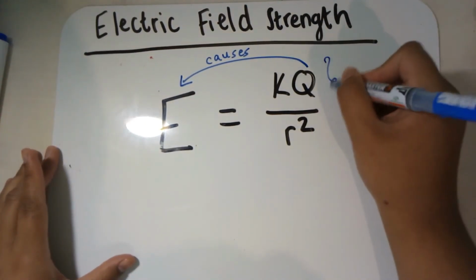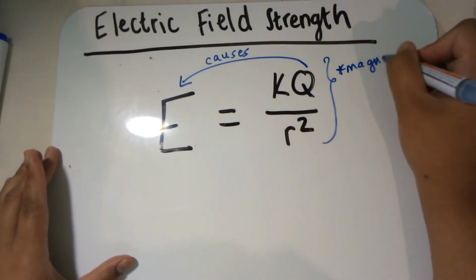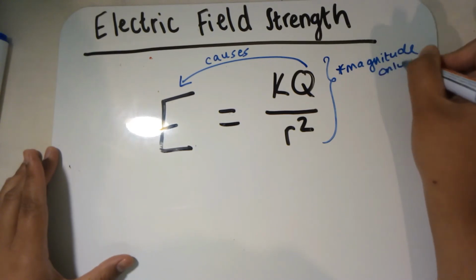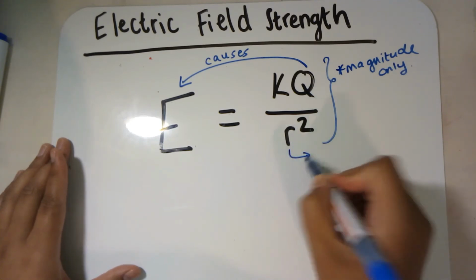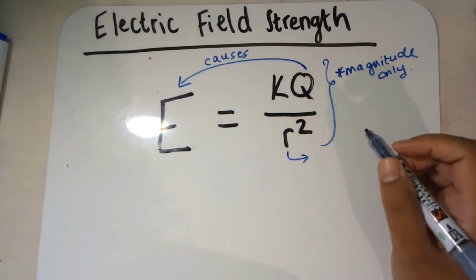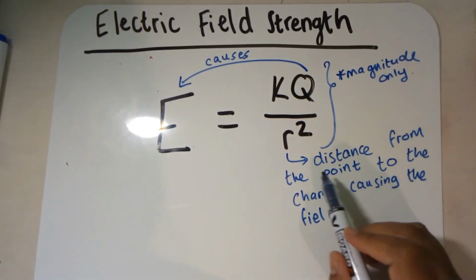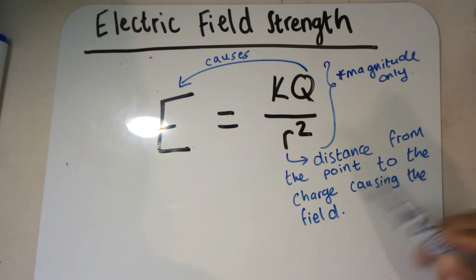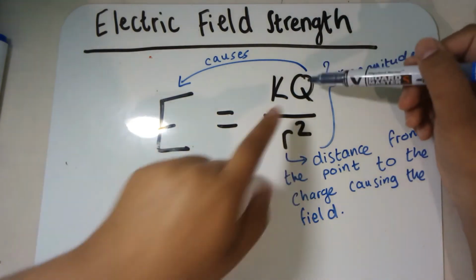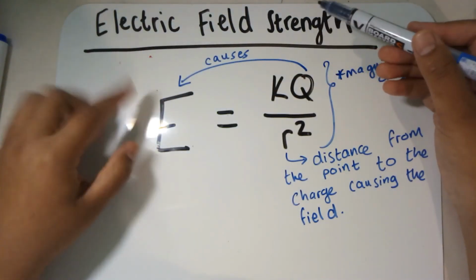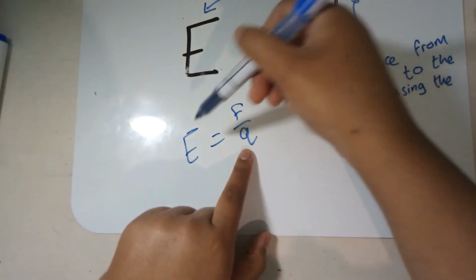When you're using this formula, I want you to use the magnitude only, because the direction is very important, so we'll figure it out separately. And then the r is the distance from the point in the question. It's the distance squared from the point that they are asking about to the actual charge that is generating this field. So this charge generates this electric field. This charge is experiencing the field. So that's the major difference.